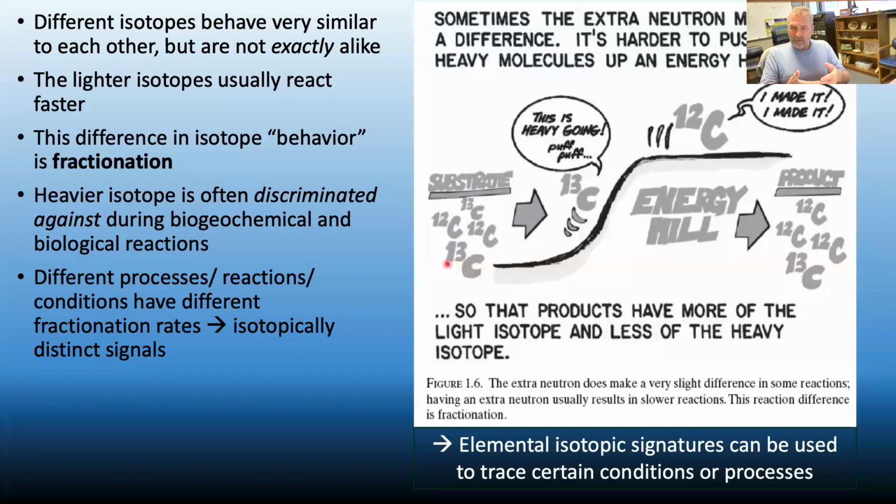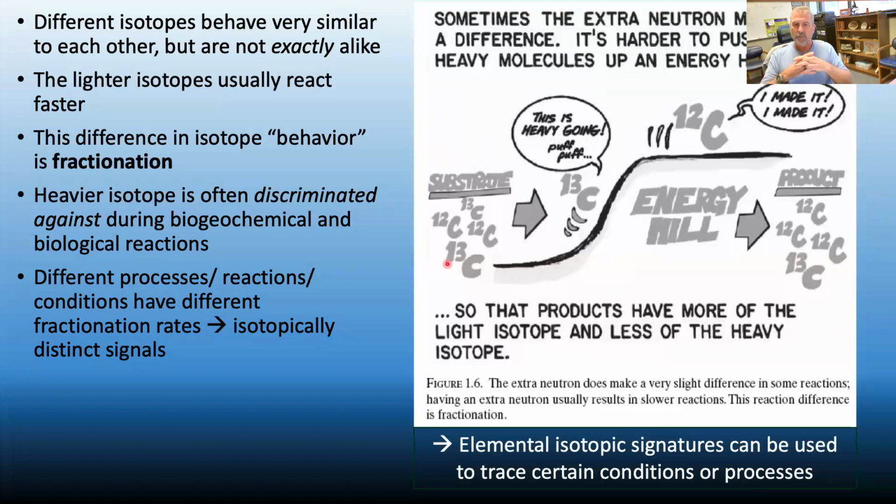they behave similarly, but the lighter isotopes, right? Because they have a smaller atomic mass, just like you might expect, they would react to changes, say, in energy, which moves matter. They react a little bit more quickly. They react a little more quickly in chemical reactions as well. So this difference in behavior is referred to as fractionation.